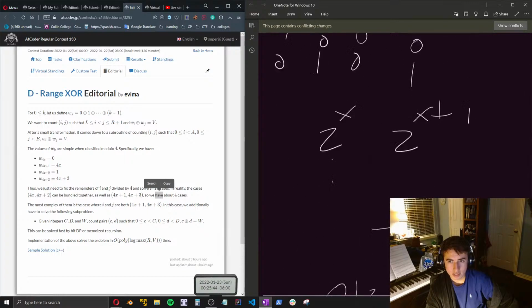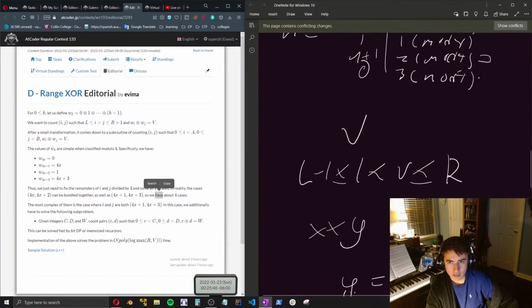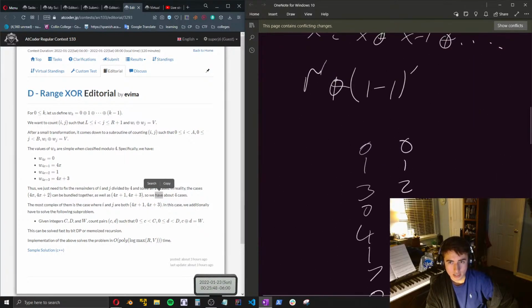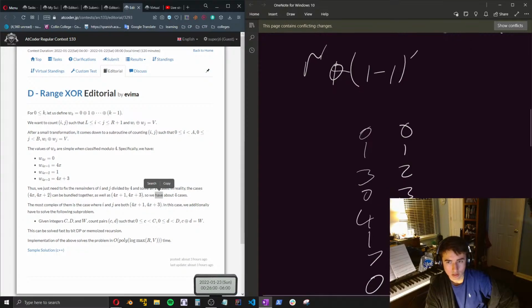Did I seriously mess up the casework for that? Alright, 0. 0 XOR 1 is 1. 1 XOR 2 is 3. 3 XOR 3 is 0. Oh wait, this is XOR K minus 1.